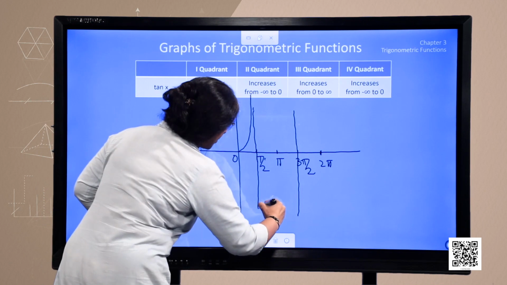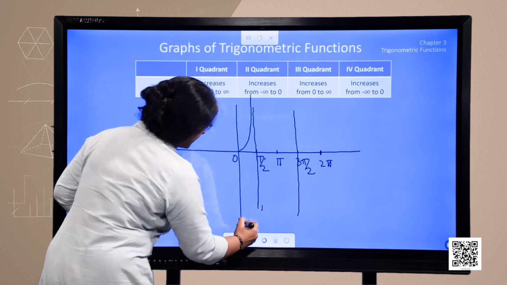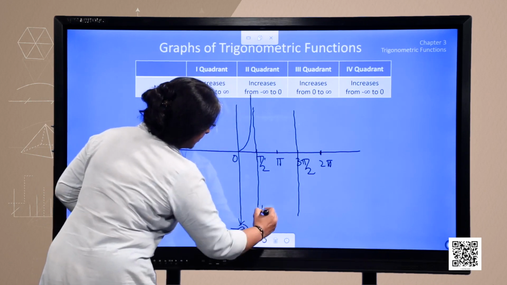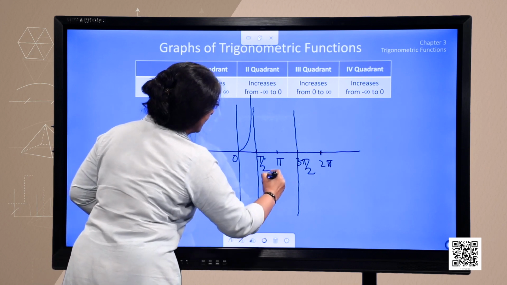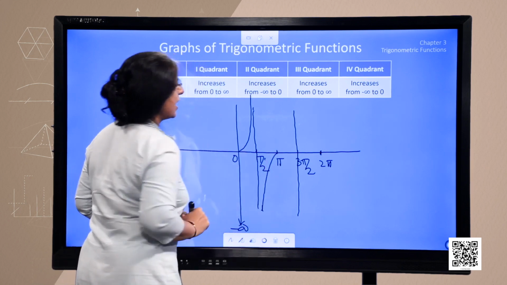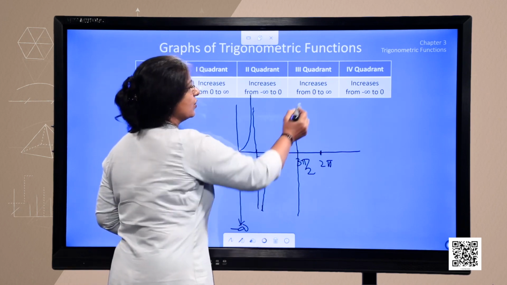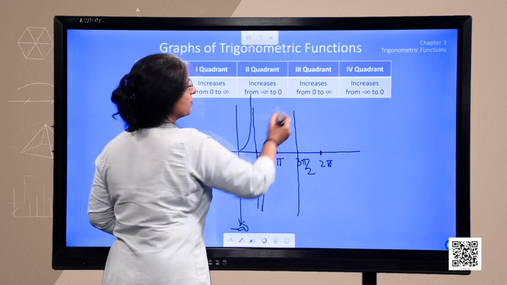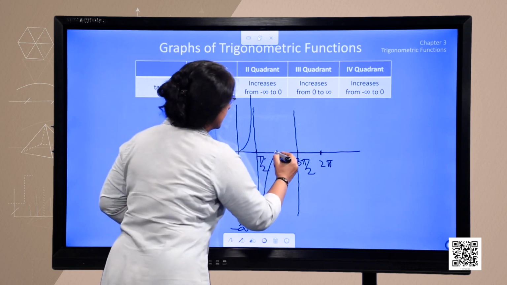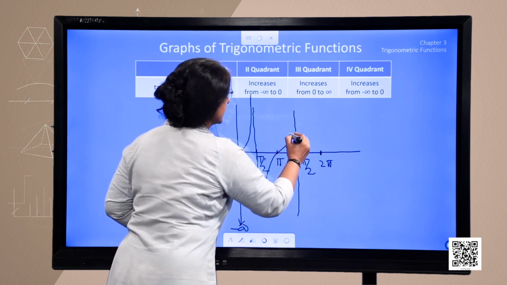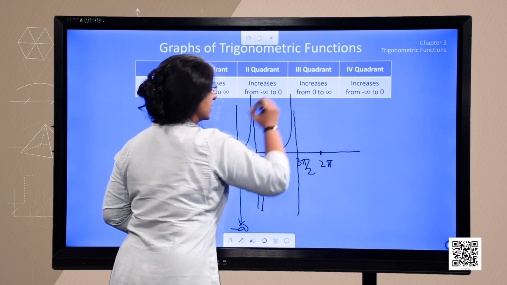It is coming from minus infinity to 0, like this. And in the third quadrant, that is from pi to 3 pi by 2, our graph is increasing from 0 to infinity, like this.